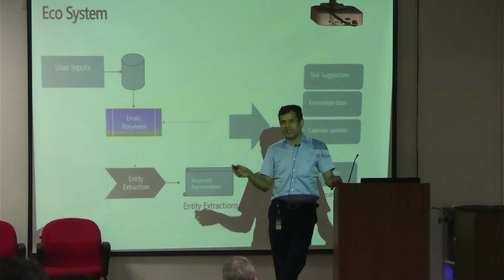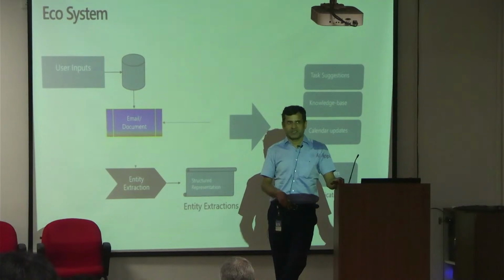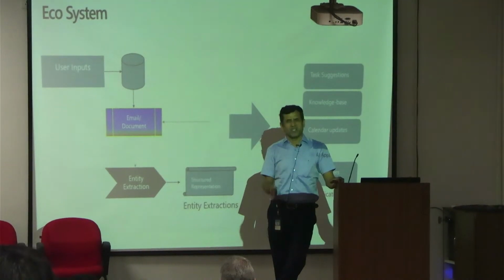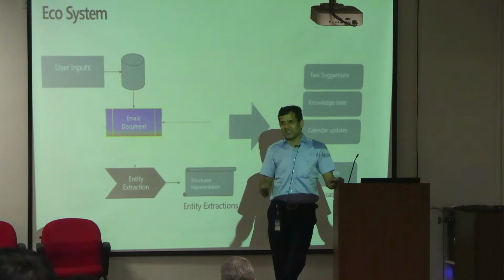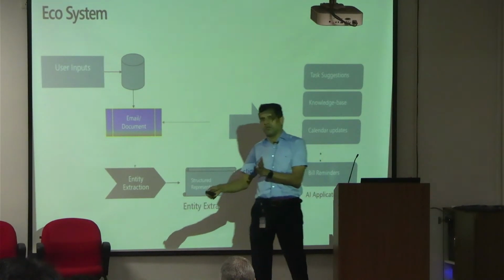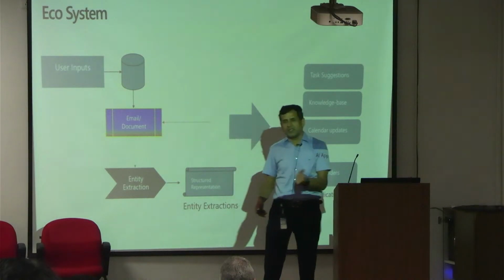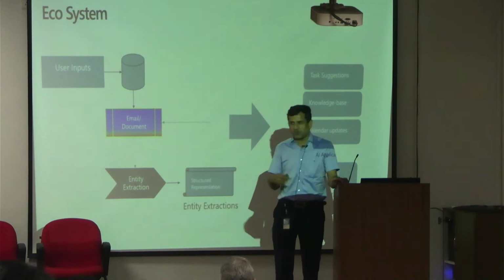There can be in the range of 30-40 different types of entities we are extracting, and we don't want a different system for each entity. That's where one aspect of scalability comes in: suppose we want to extract a new entity, we don't want to build a new system. The existing system or a similar system should work for it.